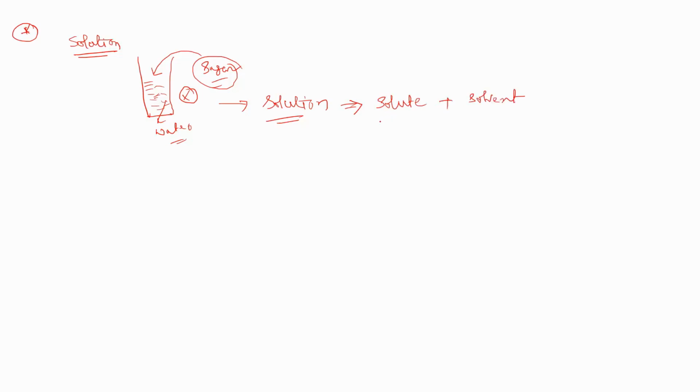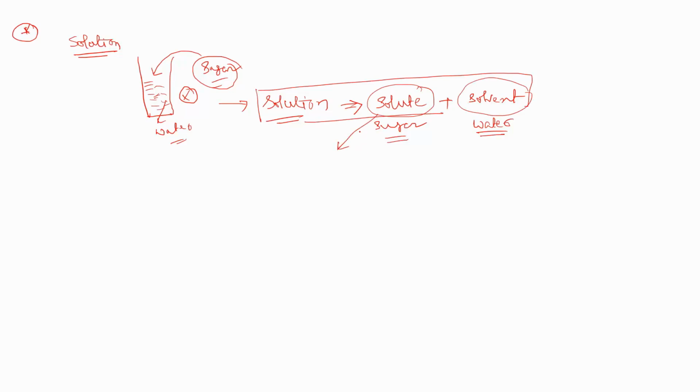In this example, the solute is sugar, and the solvent is water. The water and the sugar mixed up and it is termed a solution. We know that the solute is generally a solid, and the solvent is a liquid.